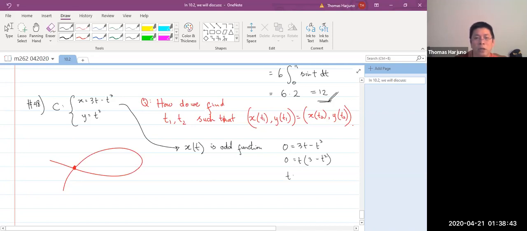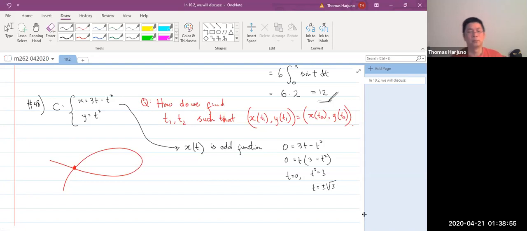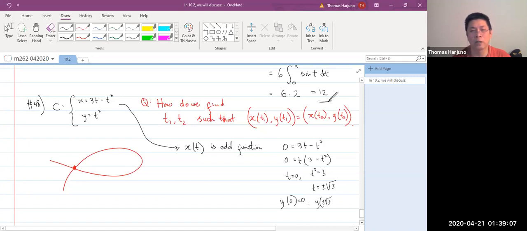So either t equals 0 or t squared equals 3, which implies t equals plus or minus the square root of 3. Now, use that for the y's. You will see that y of 0 is 0, and y of plus or minus the square root of 3 is 3.